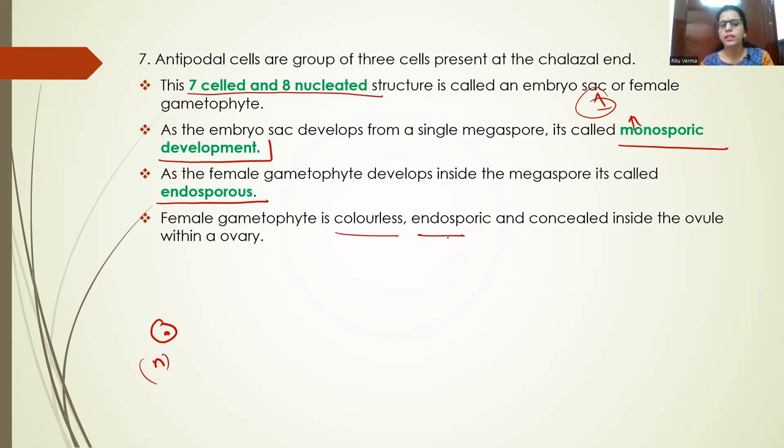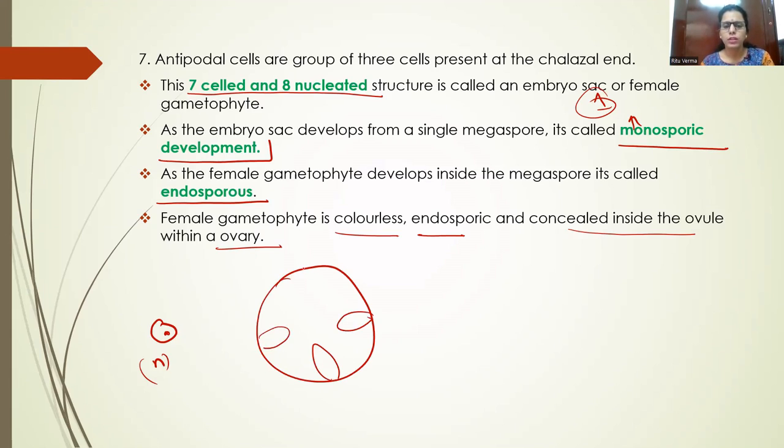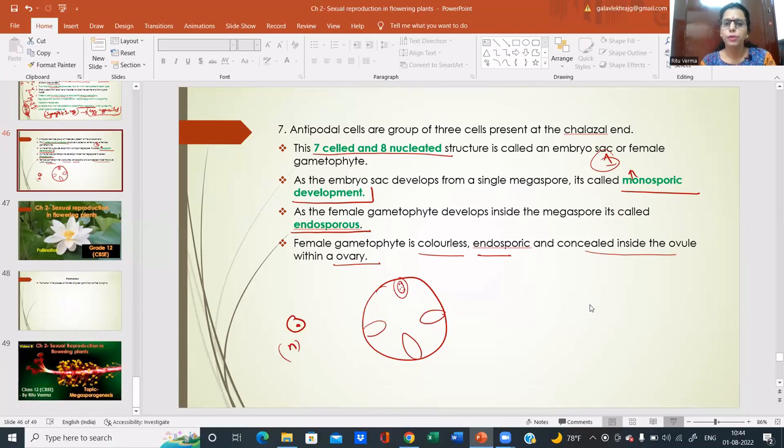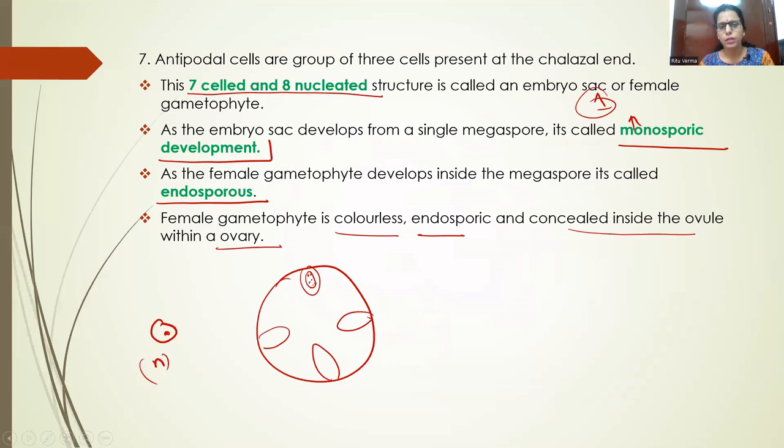This development is called monosporic development, and it is concealed inside the ovule within an ovary. So we have the ovary, and inside the ovary we have ovules like this. Inside each ovule we have a female gametophyte. In the next video we are going to discuss the process of pollination.